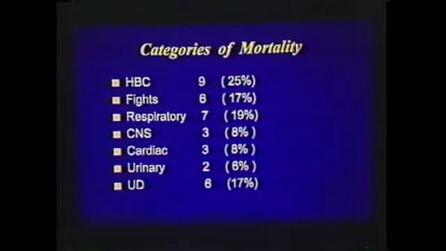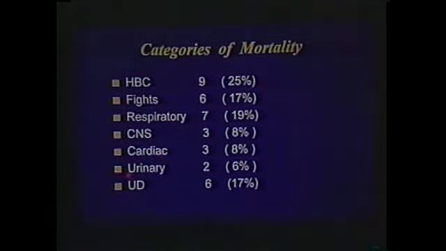In summary, then, various categories of mortality were appreciated, the largest one being trauma, either resulting from car collisions or fighting. Other disease affected certain organs, such as the lung, the central nervous system, and the heart.